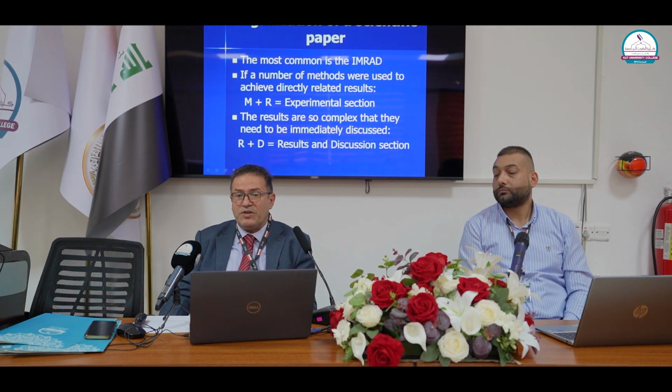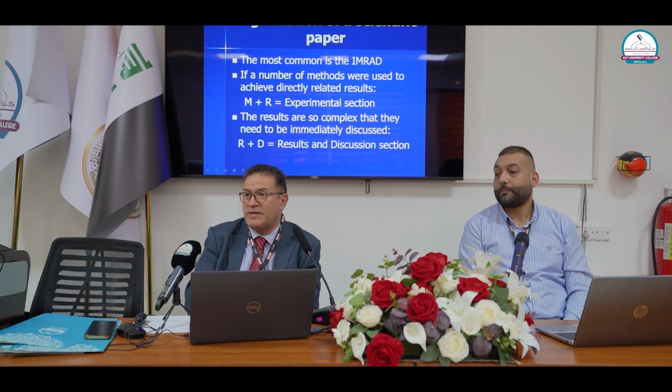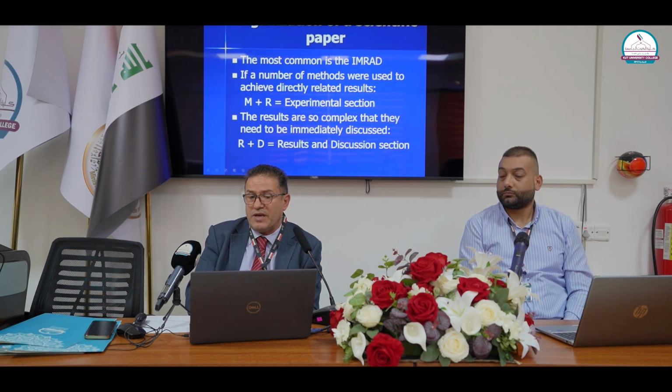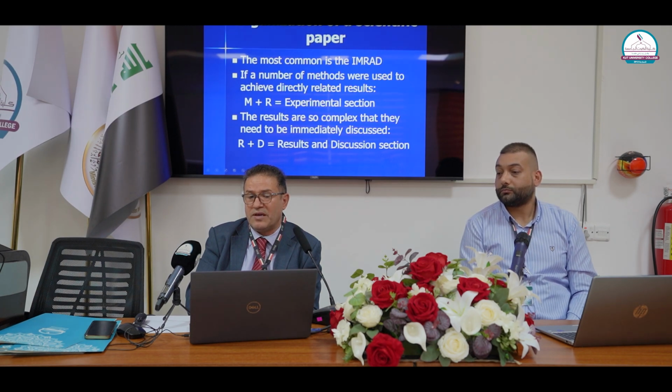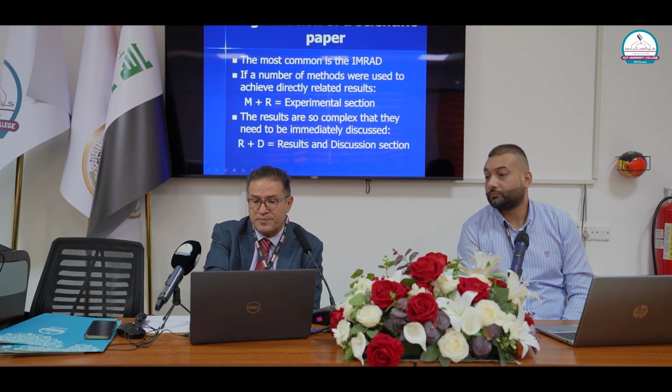Okay, the organization of a scientific paper. The most common is the ا.م.د. If a number of methods were used to achieve directly related results, M plus R is called the experimental section. Also, if the results are so complex that they need to be immediately discussed, we use R plus D, the results and discussion section.